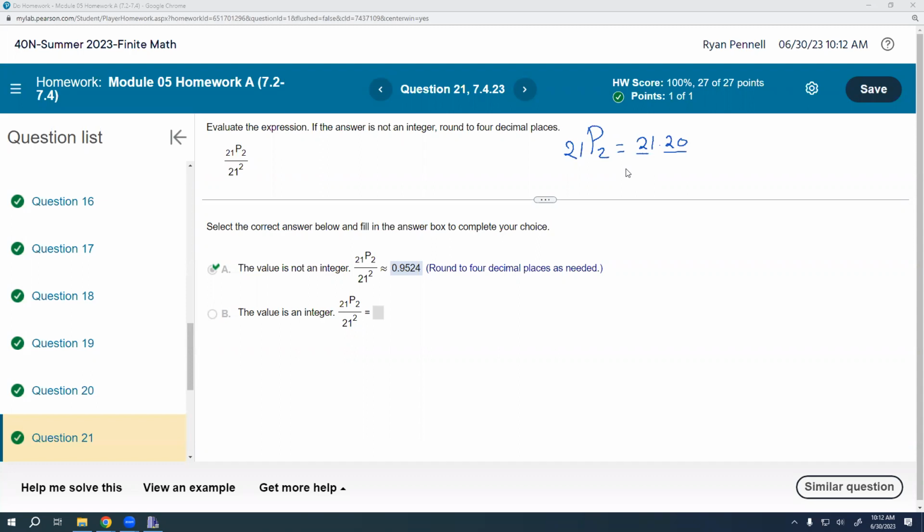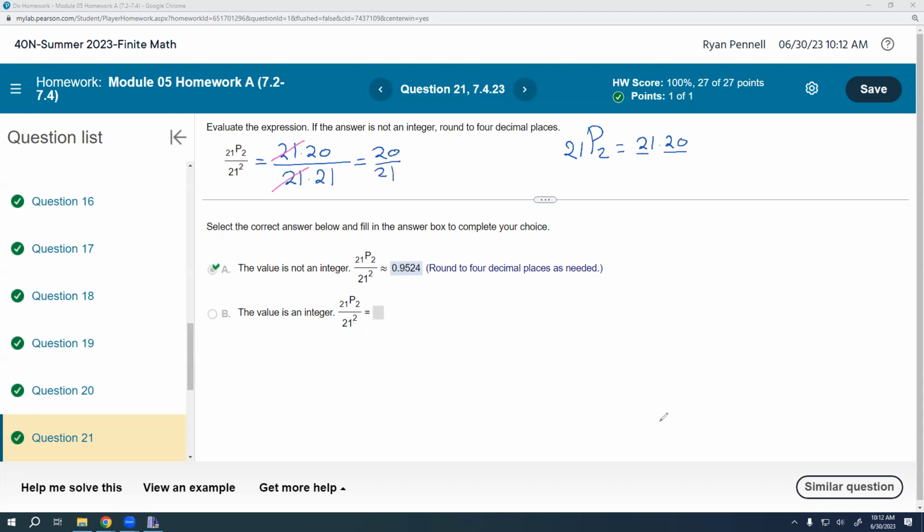You're just going down twice, starting at 21. So 21 times 20. Now divided by 21 squared. So this is 21 times 20 divided by 21 times 21. Well, we can see we can reduce a little bit here. 21 over 21 leaves me with 20 over 21.